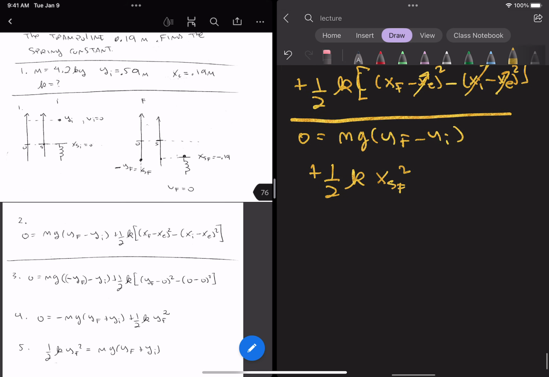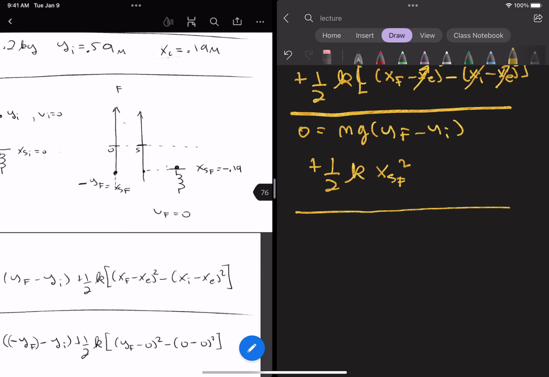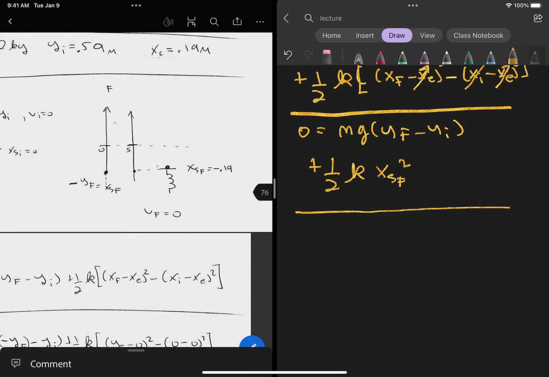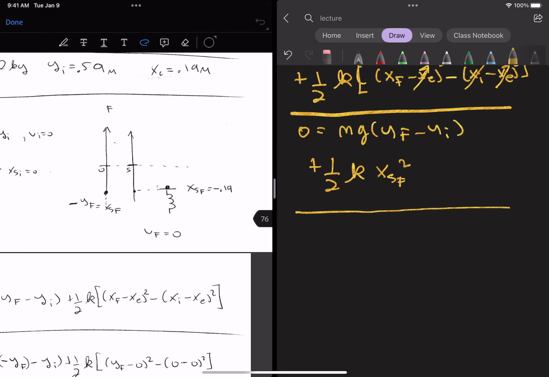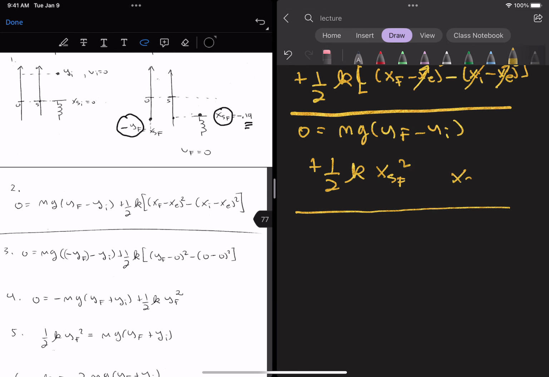And here we can make further simplifications. From this picture, the final position of the spring is below the origin, so that's negative, and the spring position is also below the equilibrium, so that's negative, and they're both the same value. So x spring final is going to be the same as y final.